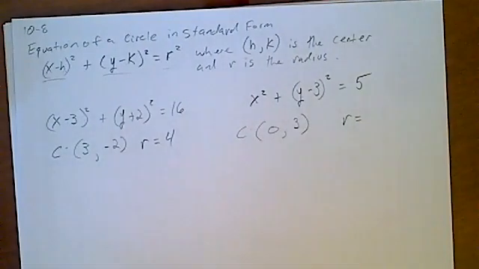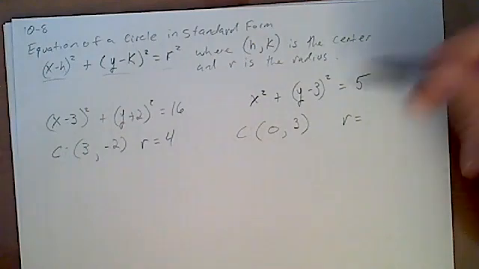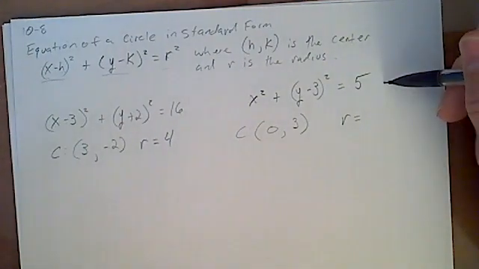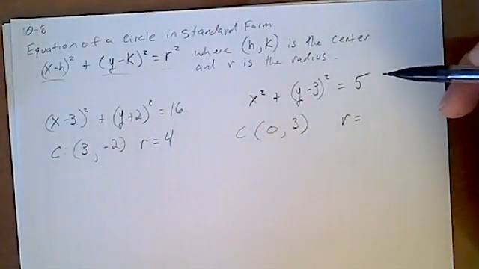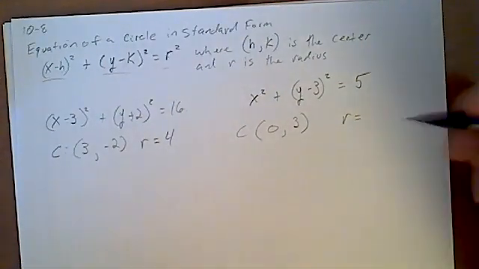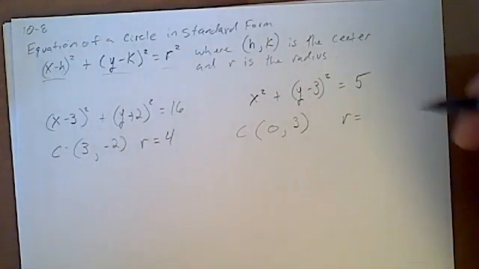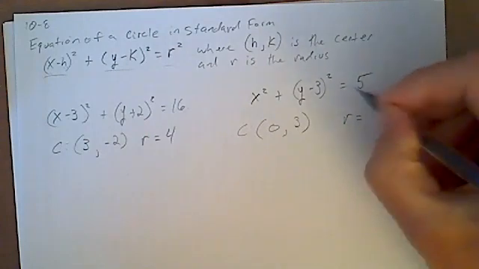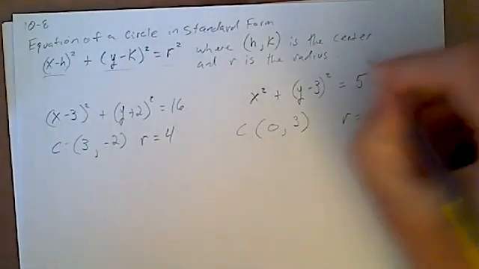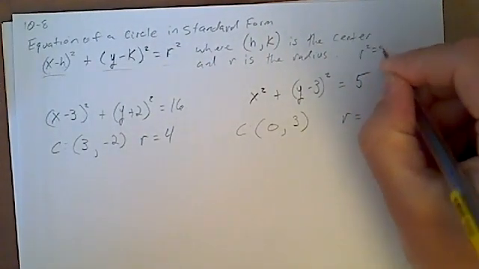And the radius, this is extremely important. I can almost guarantee a question like this will show up on a quiz and test. The radius is not 5. The radius is also not 2.5. This number is the radius squared, so r squared equals 5.